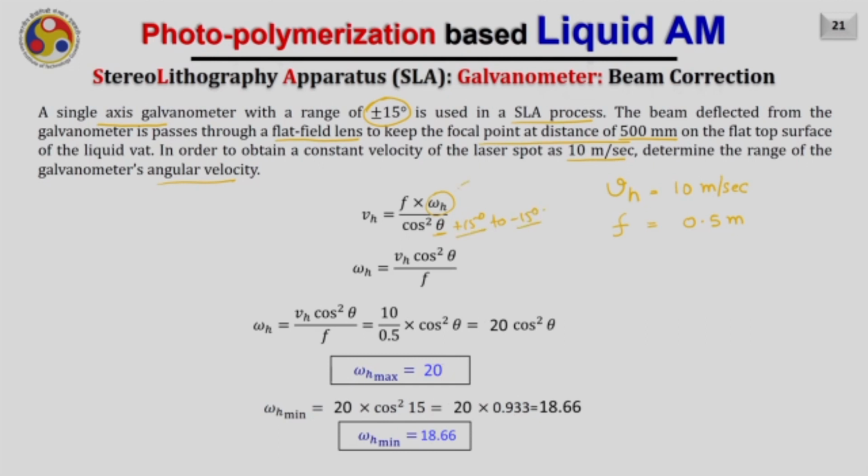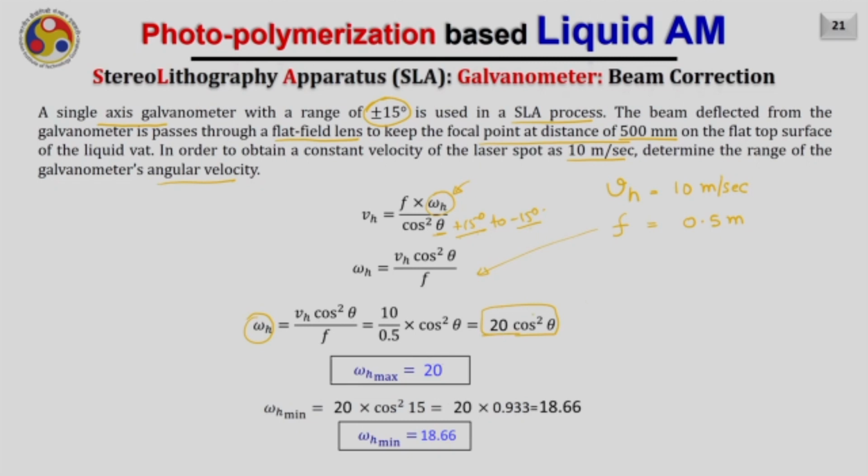Now my objective is to find out omega h when theta varies from plus 15 degree to minus 15 degree. Hence, let me put all these values in this equation and I will get omega h equals 20 cos square theta.